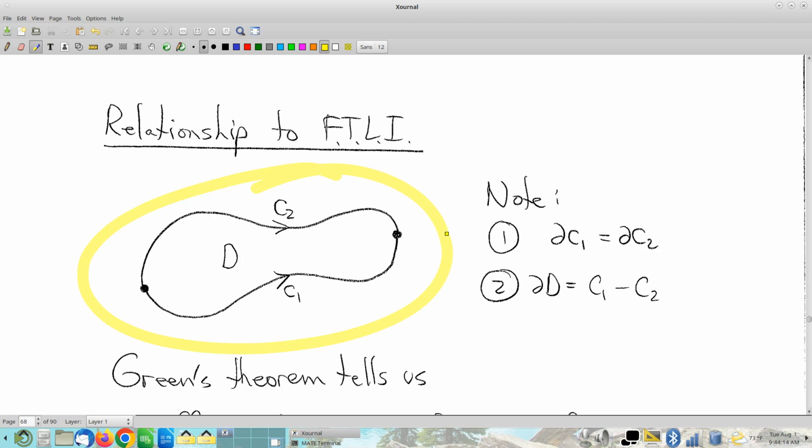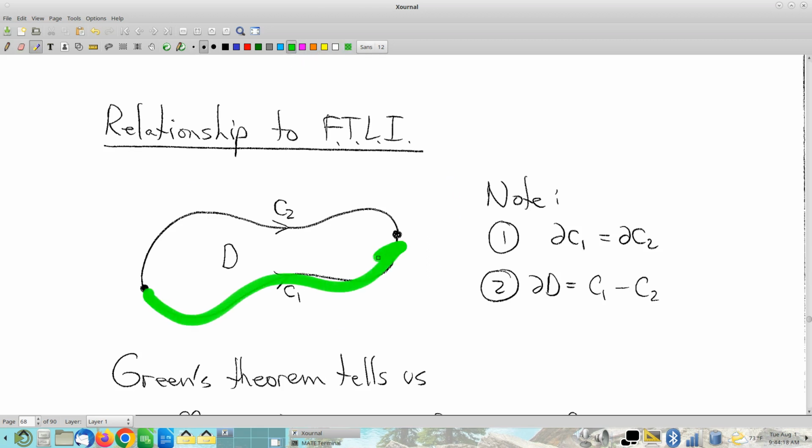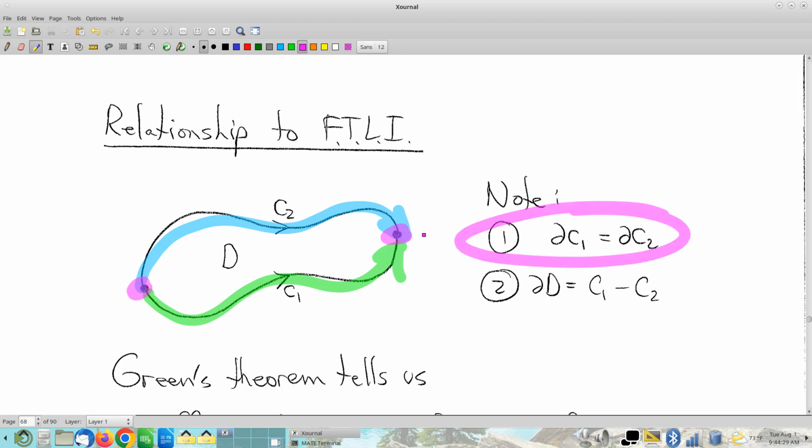So, for example, notice I can think of this picture as involving one curve and another curve that share the same boundary. In other words, they start at the same point, they end at the same point. Now, that's just one interpretation that you can take of this picture.